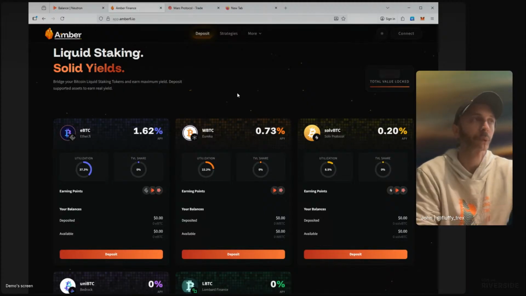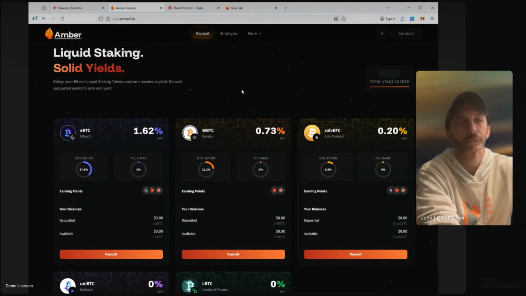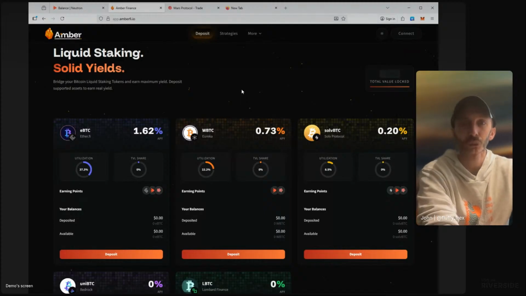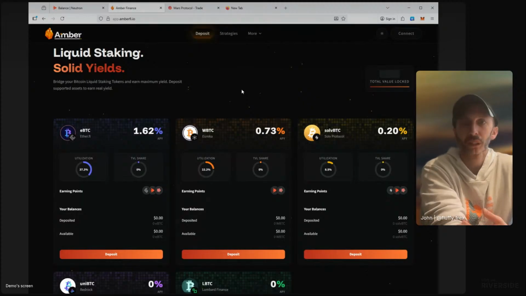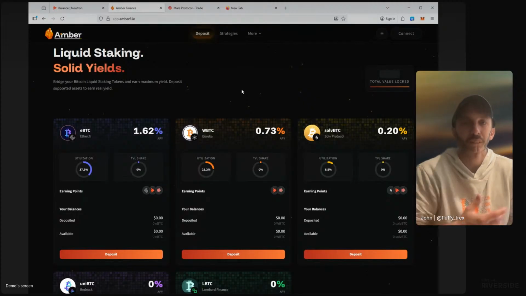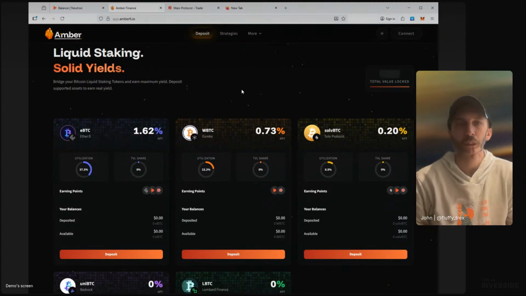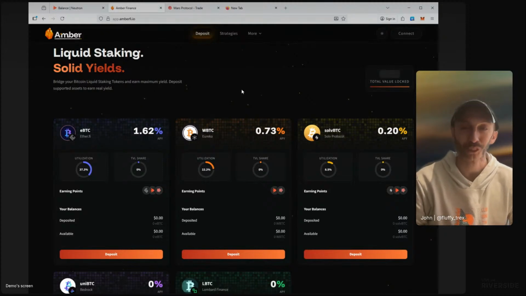And with Amber, you can leverage it up to 10 times. So with the loops up to 10 times, even if you're earning 2% on each loop, that's 10% APY on Bitcoin, plus the original 5 to 10% APY. 15% APY on Bitcoin is unheard of; it almost sounds too good to be true.